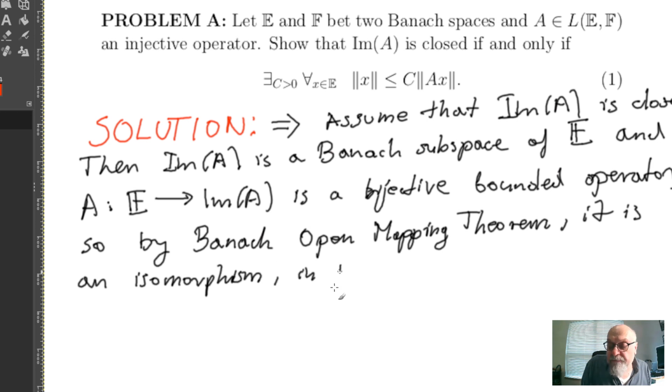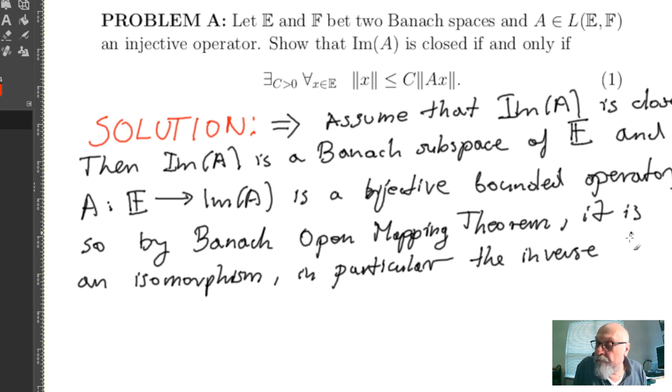In particular, the inverse A^{-1} is a bounded operator.